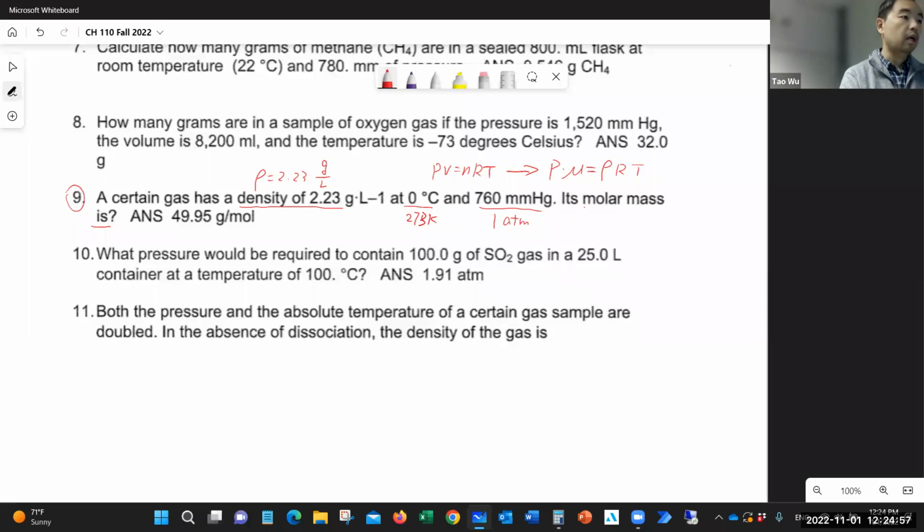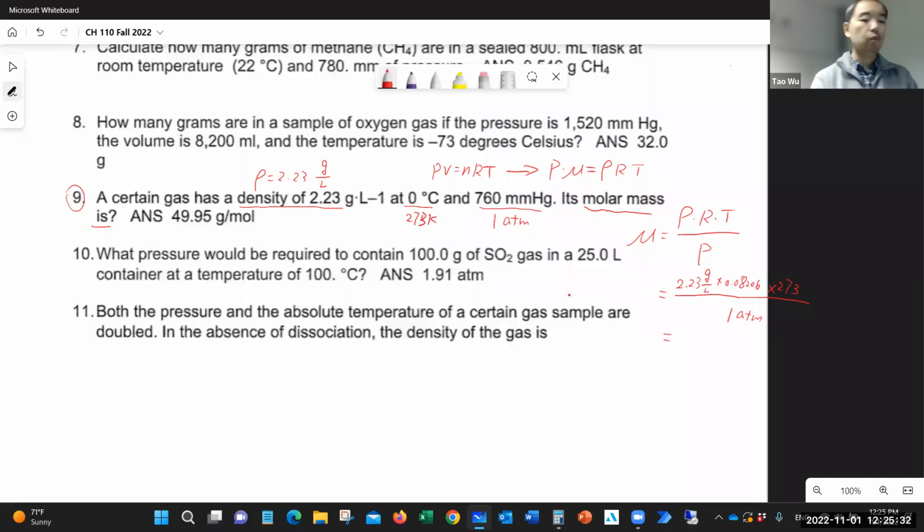Then they're asking for the molar mass. If you look here, the molar mass of the gas should be equal to density times R times T, divided by the pressure. Again, we use the density here: 2.23 grams per liter times 0.08206 times the temperature 273, divided by the pressure, which is 1 atmosphere.